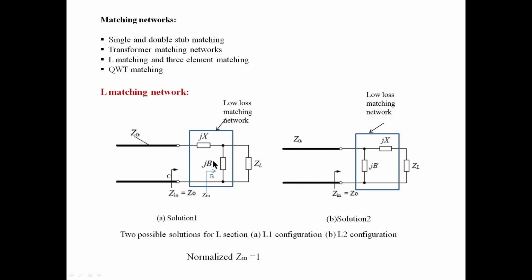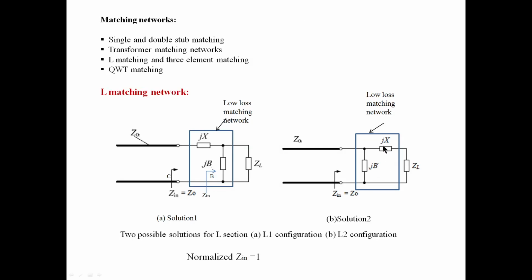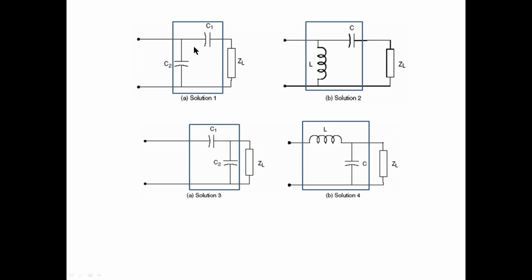As we saw here, we can add first a shunt element and next a series element. Or this way from the load side, the next element is a series element and this is a shunt element. Like that also you can add. Because of this shape, it is called an L matching network. This series element and shunt element may be of any combination.